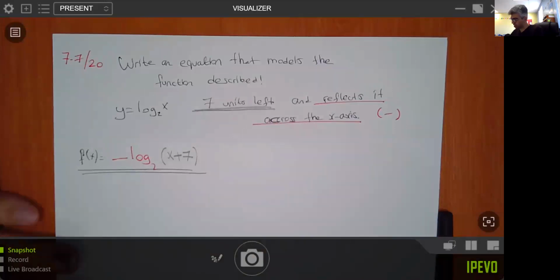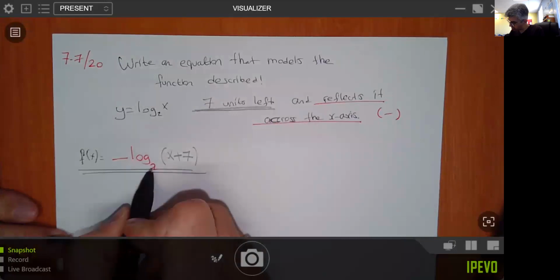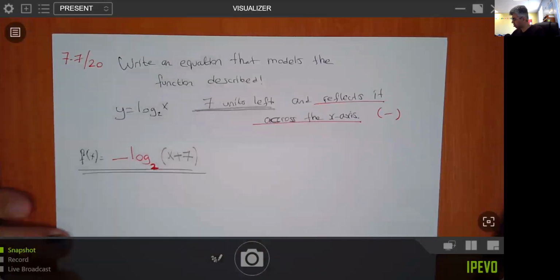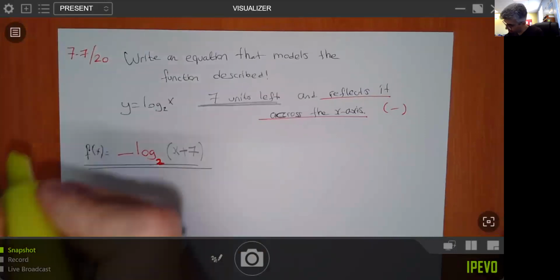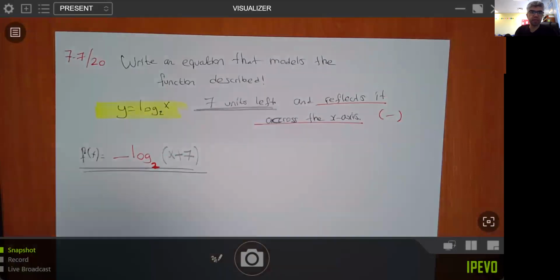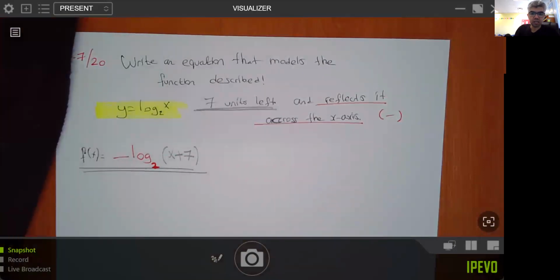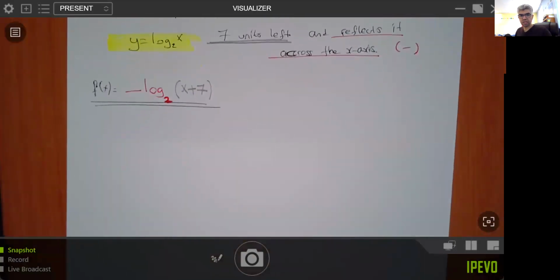And I give you another example for that. So let's say our parent function again same. It's log of x base 2. Is it visible? Yes. Parent function again same, guys.